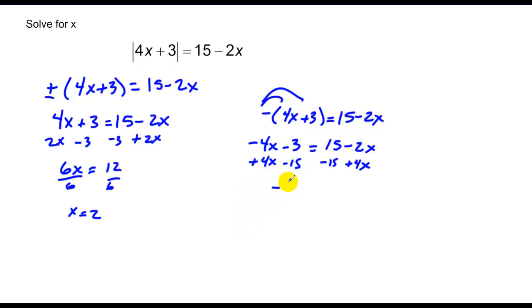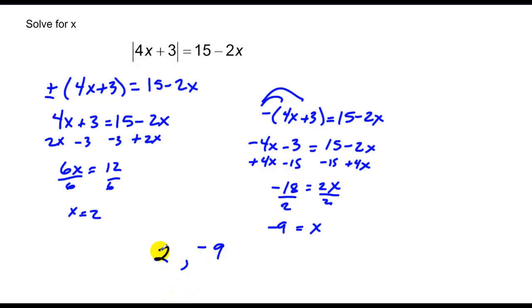This side yields negative 18, while this side gives me a positive 2x. Divided by 2. So I get values of 2 and negative 9.